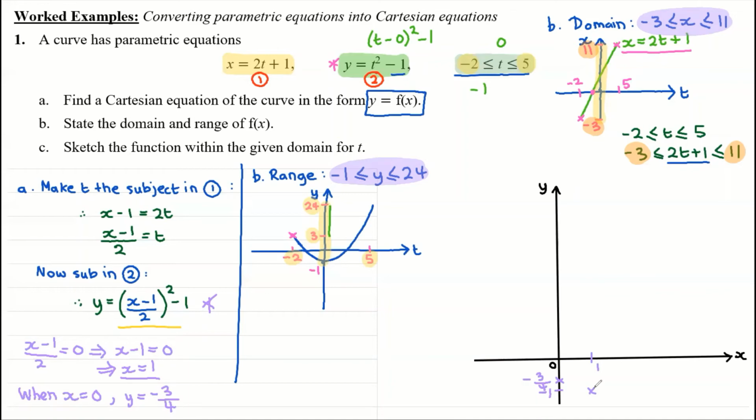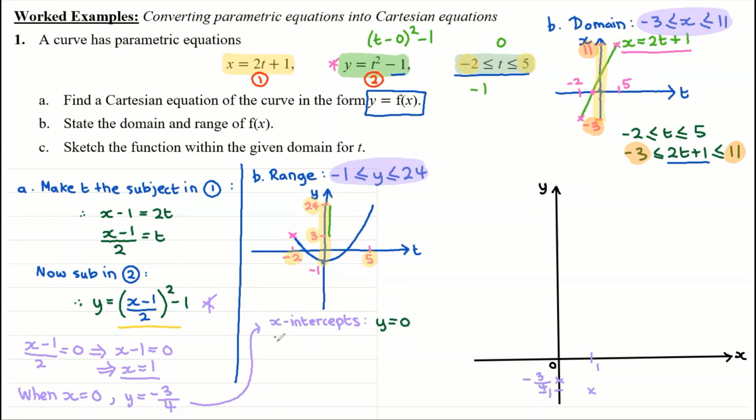Now, of course, we can also figure out what the x-intercepts are. So just moving on from that, let's see where this graph crosses the x-axis. I'm just going to change the pen color a bit. So the x-intercepts occur when y equals 0.